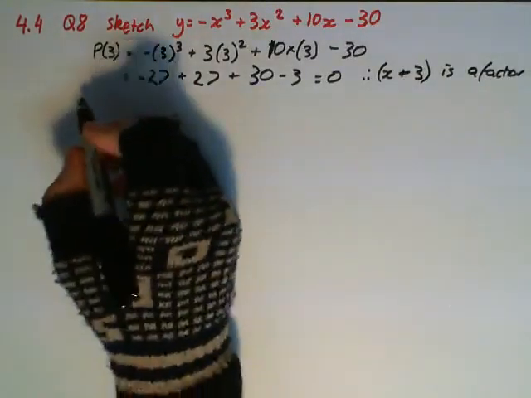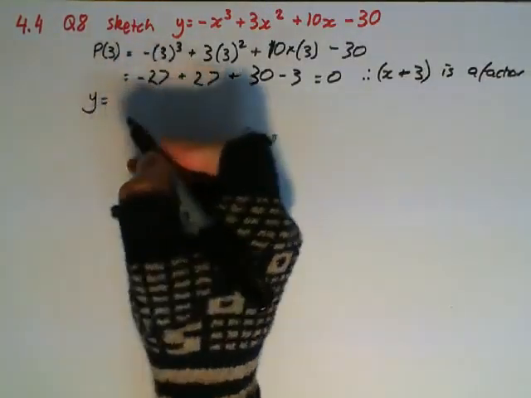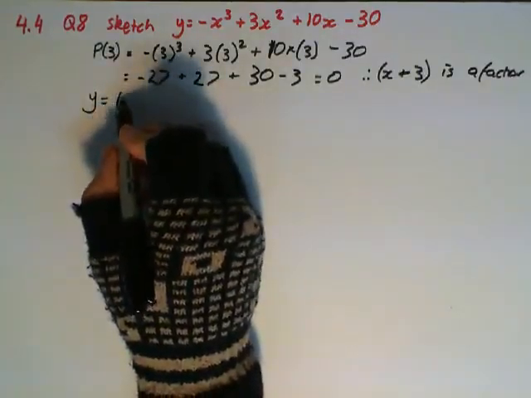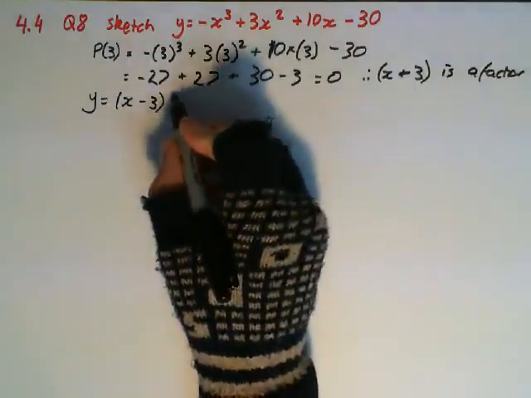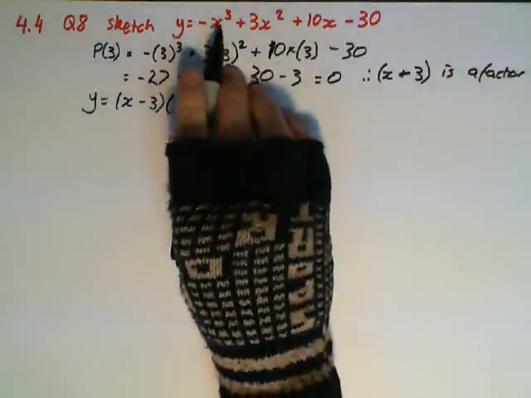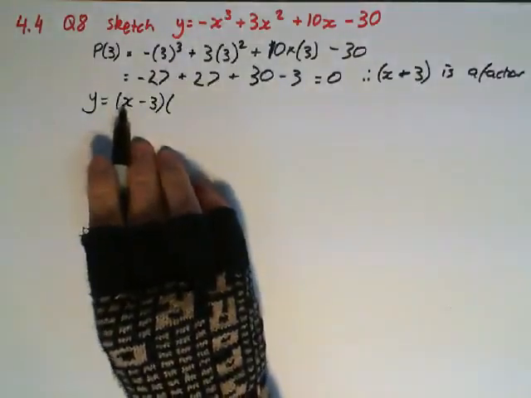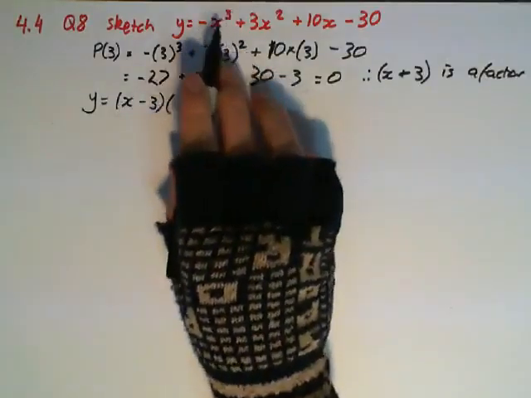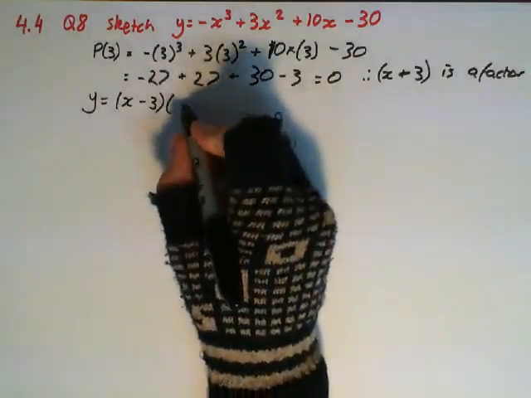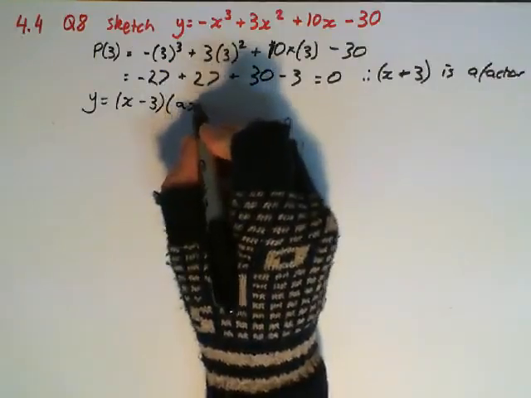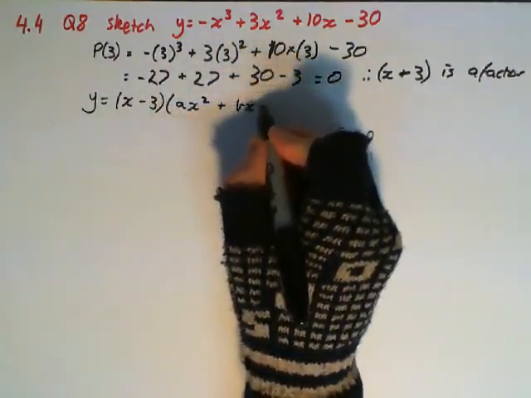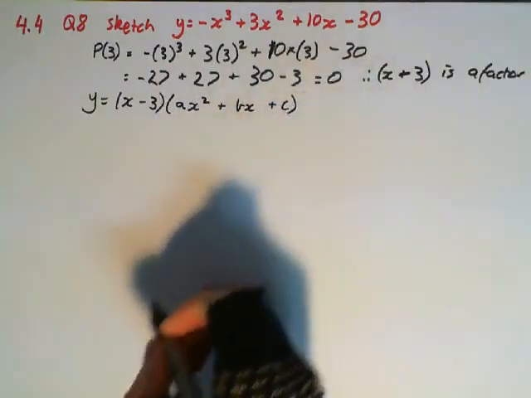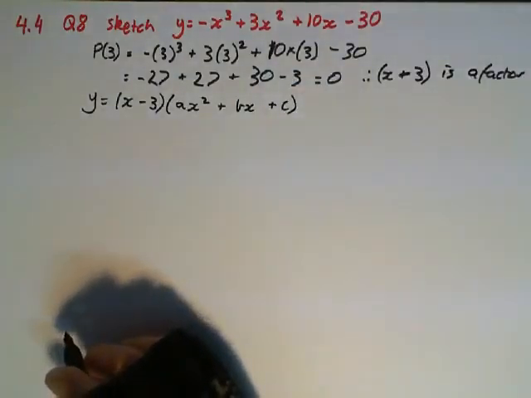So starting with our original equation y, and now we'll say x take 3 is a factor. And what are we going to be left with? Well, we start with a cubic, we're taking a linear factor out, so we're going to go down a degree. So we're going to have a quadratic, ax squared plus bx plus c.